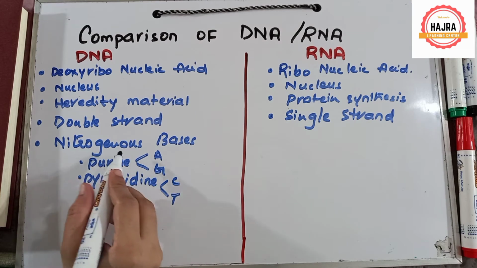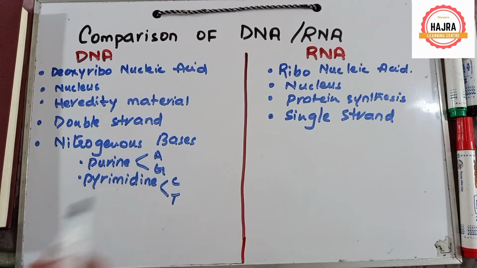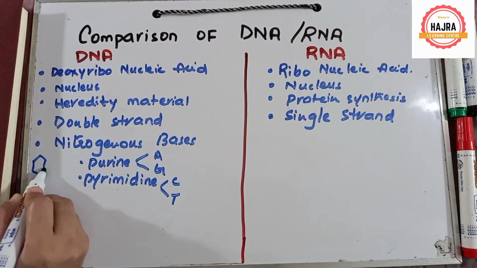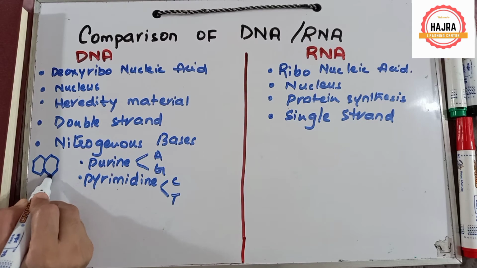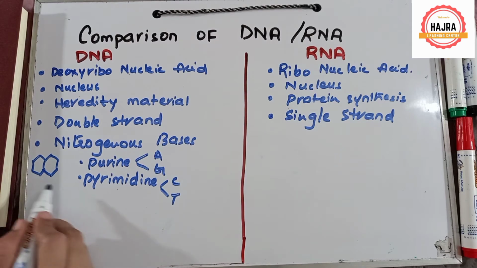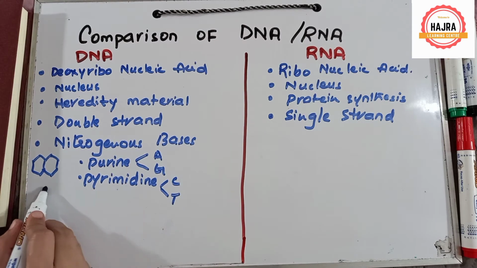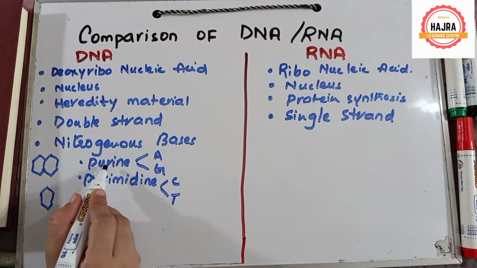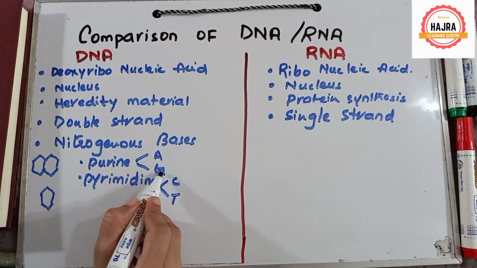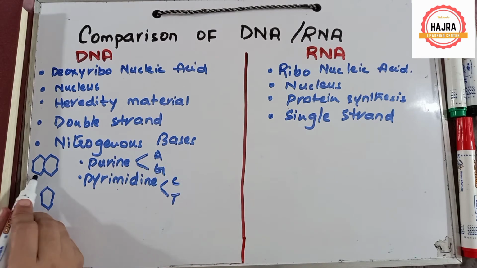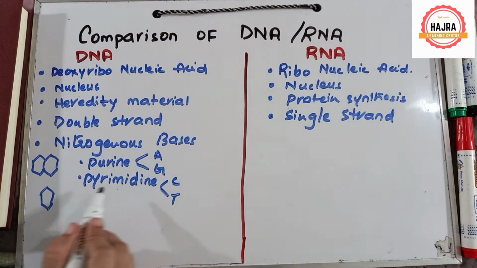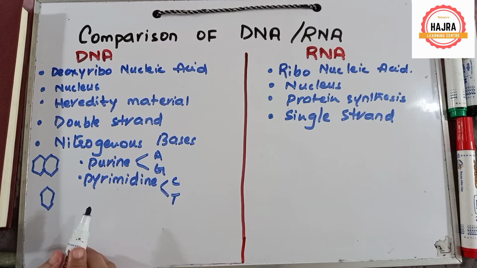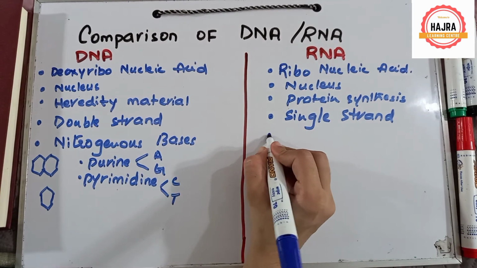Scientists have named the nitrogenous bases according to their structure. Purines have a double ring structure, look here, and pyrimidines have a single ring structure. So purines, adenine and guanine, are double ring, and pyrimidines, cytosine and thymine, are single ring. Now let's talk about RNA.